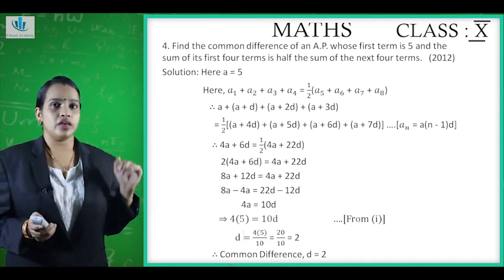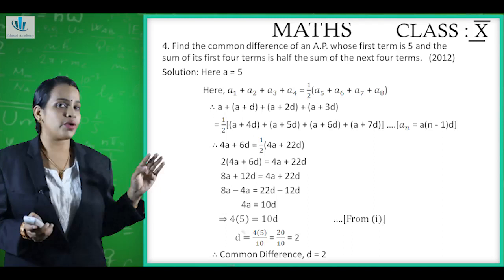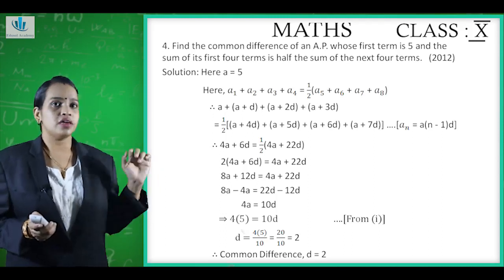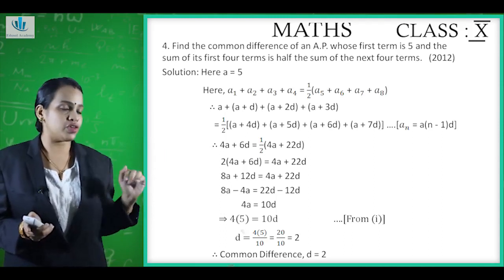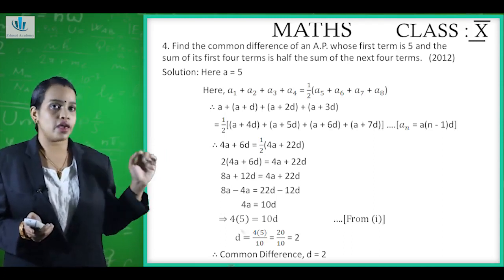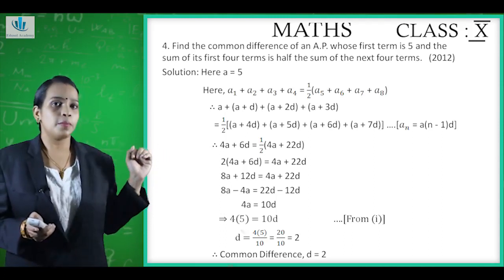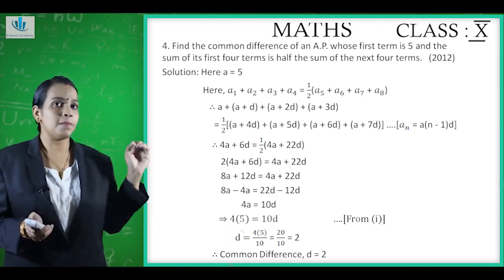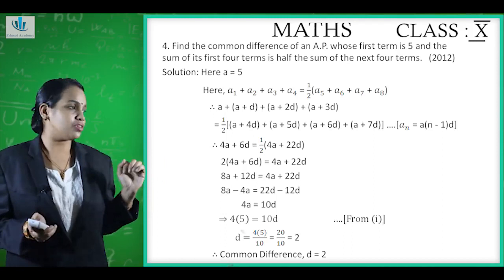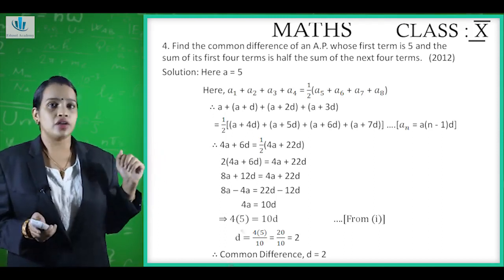Now we will solve it. All the A's give 4A, plus D plus 2D plus 3D gives plus 6D, which is equal to half of, again here 4A plus 4D plus 5D plus 6D plus 7D gives 22D. Now we will solve.